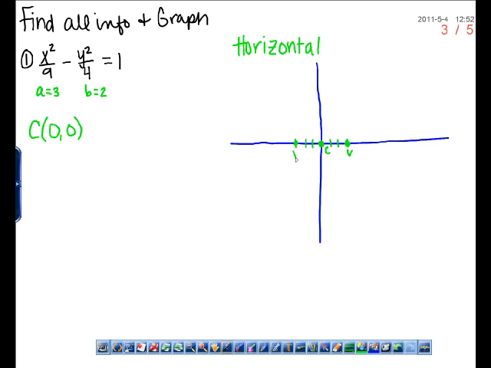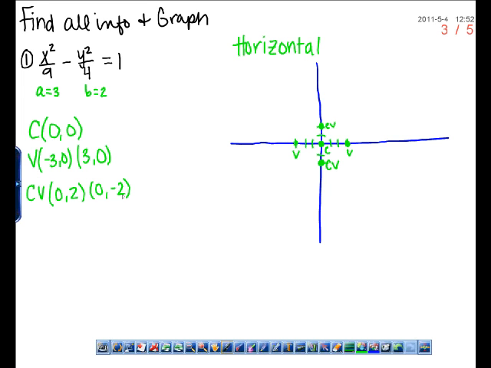There's a vertex. So what are the coordinates of my vertices? Negative 3, 0, and 3, 0. Good. All right. Co-vertices. I'm going to go up and down how much? 2. 1, 2. There's a co-vertex. 1, 2. There's a co-vertex. So those are at 0, 2 and 0, negative 2. All right.